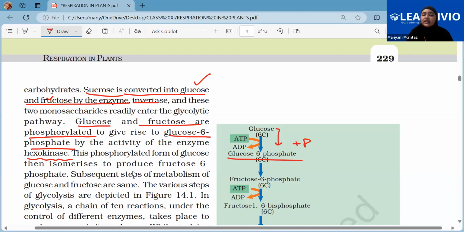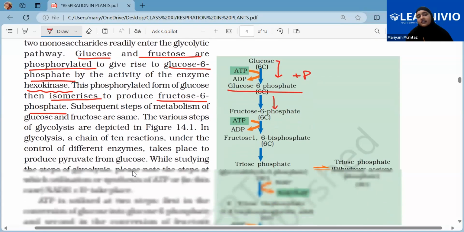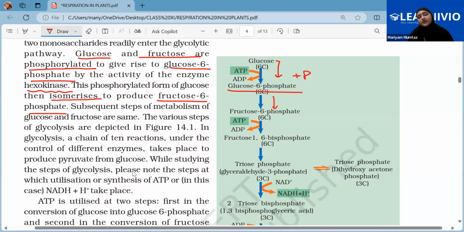This phosphorylated form of glucose then isomerizes, changes its form, to produce fructose 6 phosphate. So from glucose 6 phosphate, fructose 6 phosphate is formed. Subsequent steps of metabolism of glucose and fructose are the same. All the steps that happen later are the same for both.